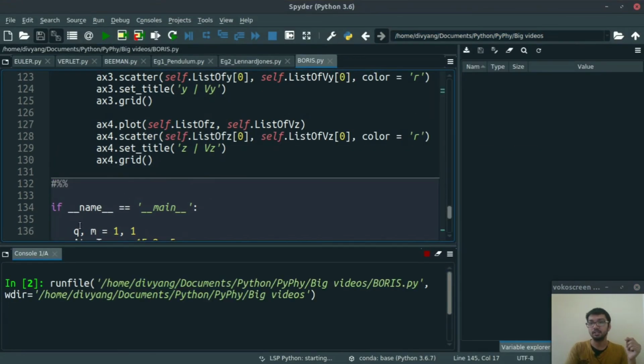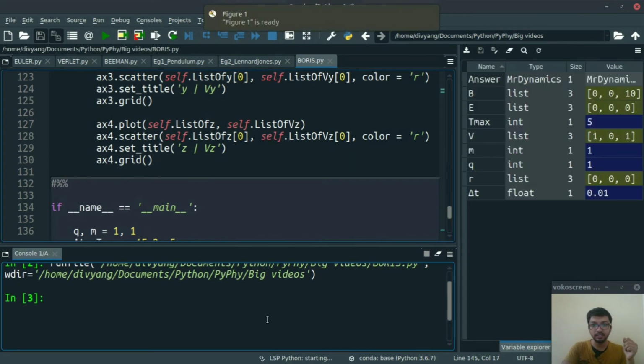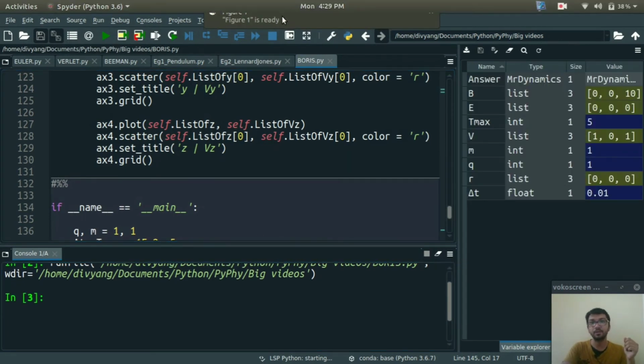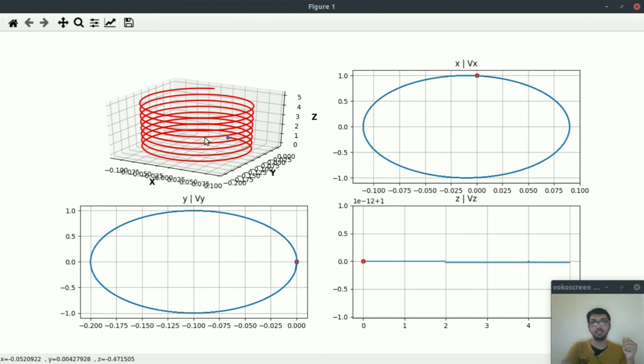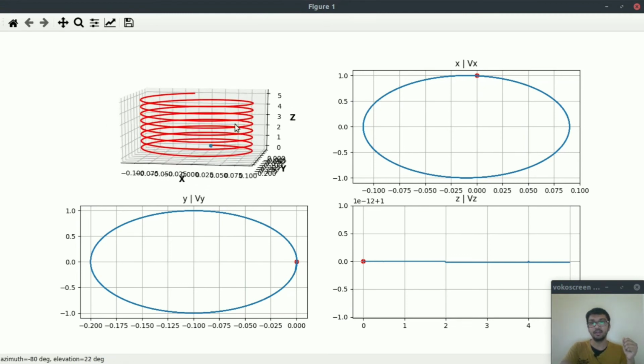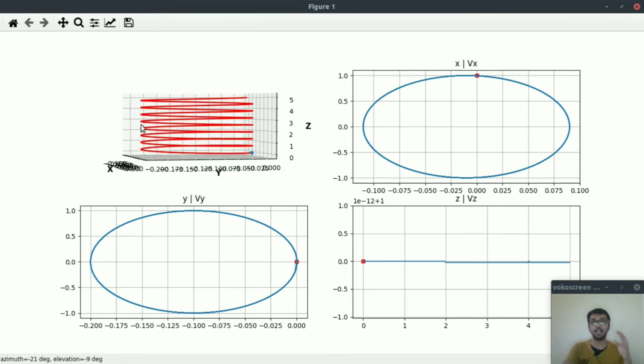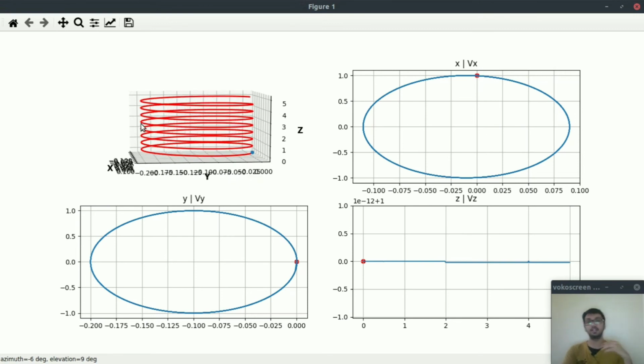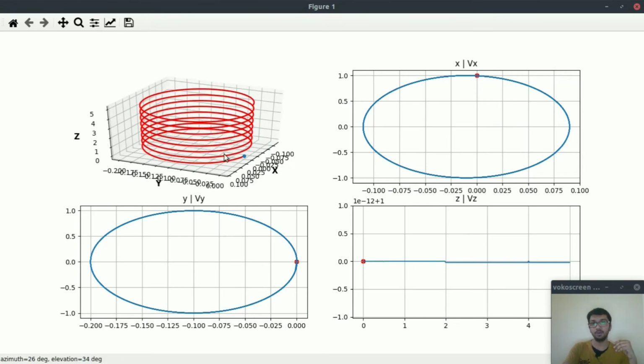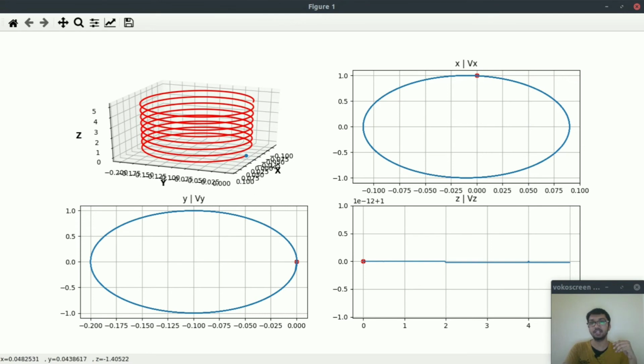Let's run this thing, and yes, so this is the result. As I said, we are getting a spiral shape as an output. This is the z direction, this is the x direction, and this is the y direction. These three are the phase plots.